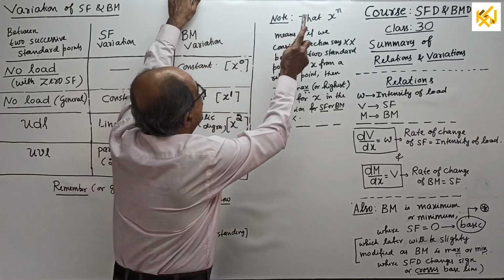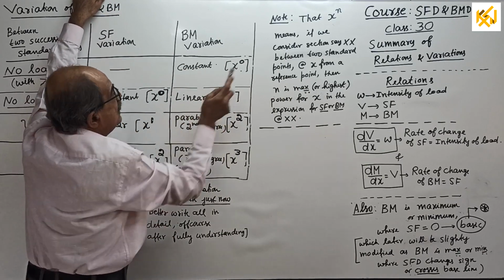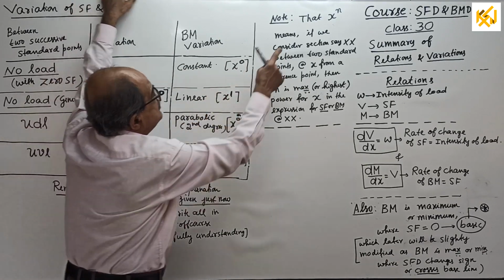I wrote here x power n, which means x power 0, x power 1, x power 2, that is 0, 1, 2, 3, that is n.